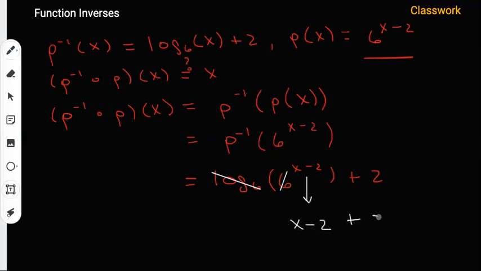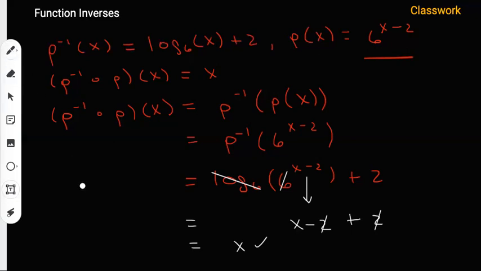And then I have x minus 2 plus 2. Well, there, the minus 2 and the positive 2 will cancel out, and I'm left with x, which is exactly what I was looking for. So I can erase this question mark. I know that the two sides are equal.